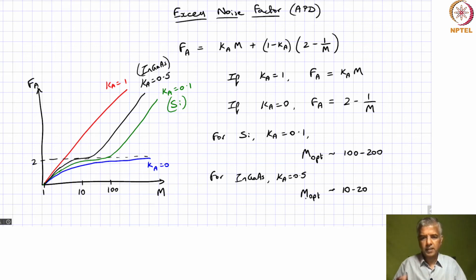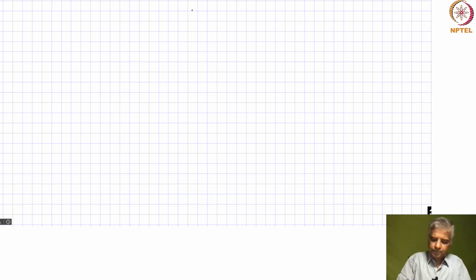Okay, so that is actually some of the properties of this avalanche photodiode. Okay, now let's look at another aspect of this, which is basically the response time of avalanche photodiodes.